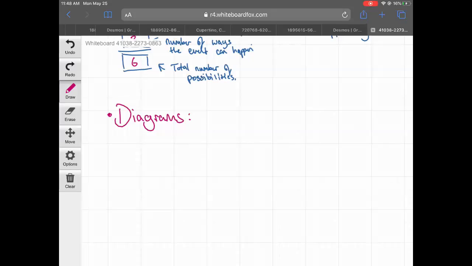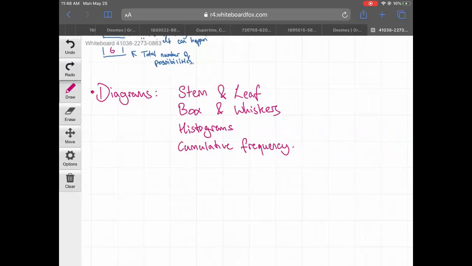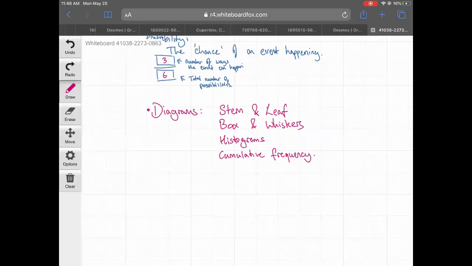We need to know stem and leaf, box and whiskers, histogram, and cumulative frequency graphs. And then after diagrams, we'll move on to analysis and understanding.